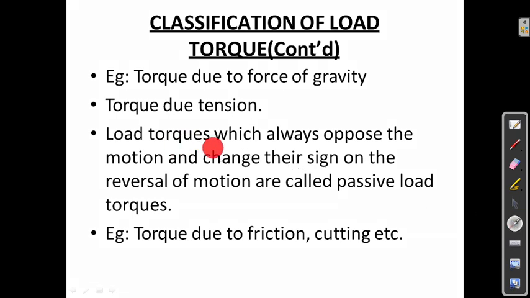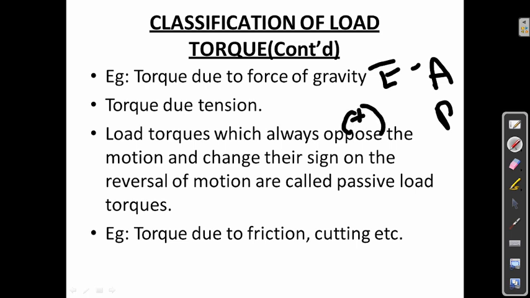The load torque which always opposes the motion and changes its sign on reversal of the motion is called passive torque. Whereas in active torque we have an equilibrium condition, in passive torque we have opposition of the motion, which means the sign changes: the positive may become negative, the negative may become positive.